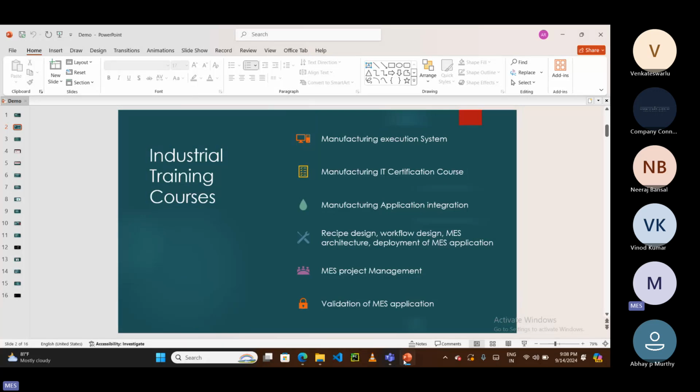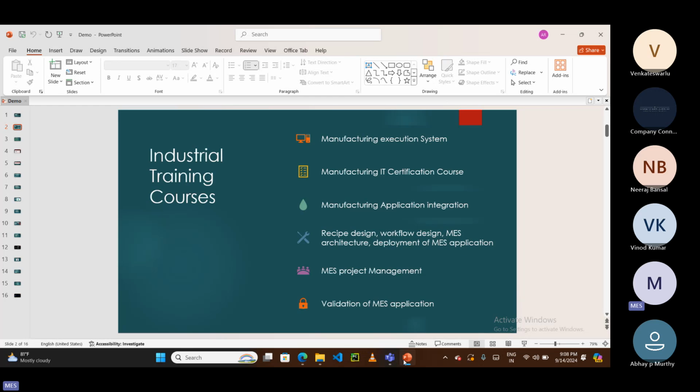In this training you will understand multiple things, like recipe design and workflow design. These are part of the overview. I can also tell you about MES architecture and deployment of MES application. These are the heart of MES application. So these four or five points are mandatory and most important for everyone who is working or wants to work in MES for the pharma industry.